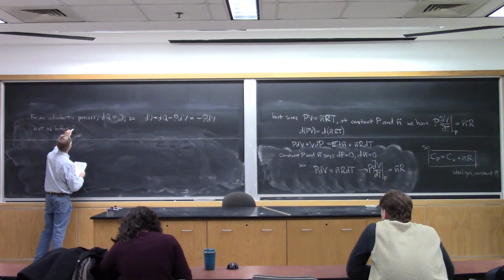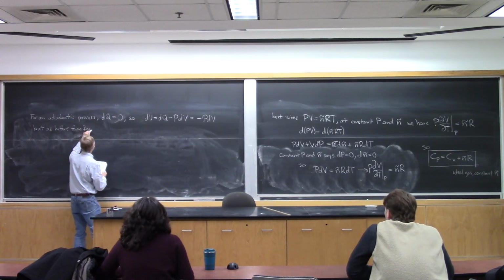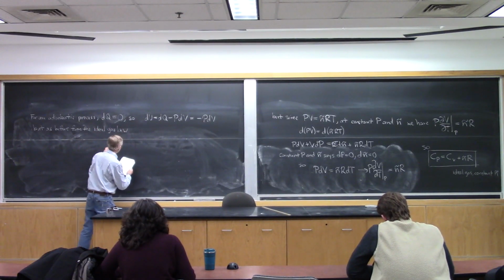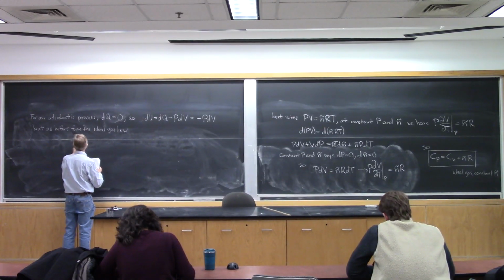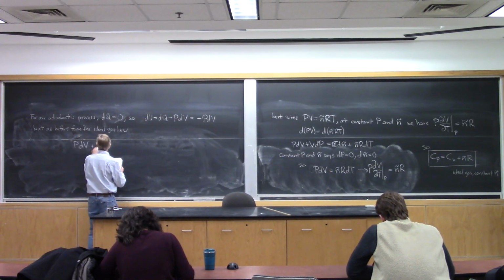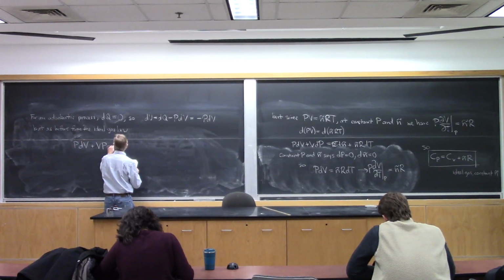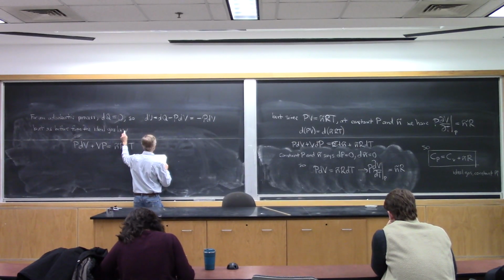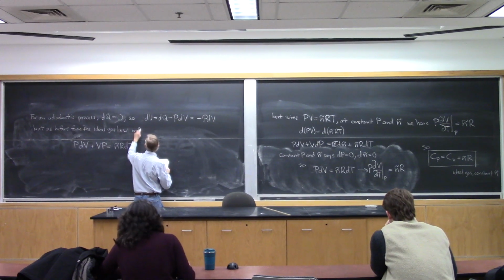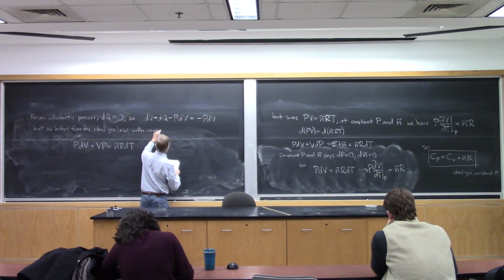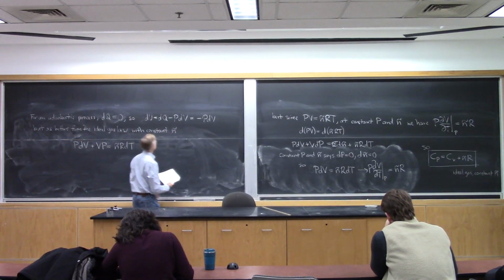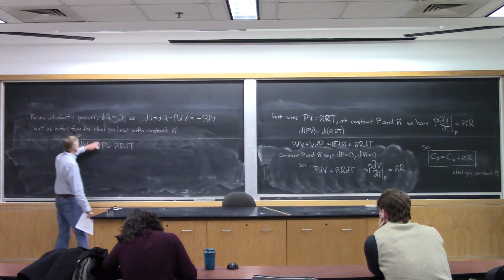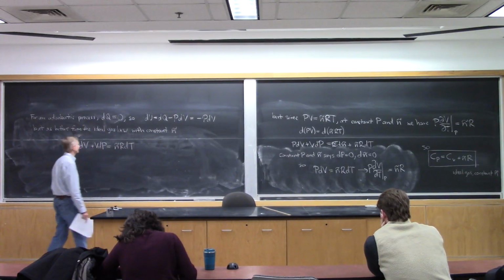But as before, from our beloved ideal gas law, we have that PdV plus VdP is n tilde R dT for the ideal gas law with constant n tilde.